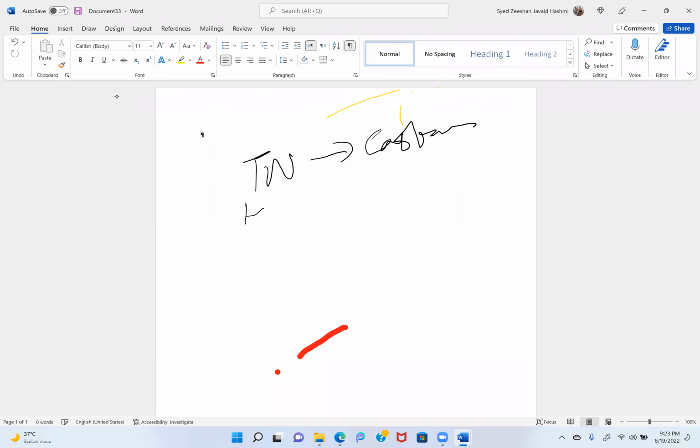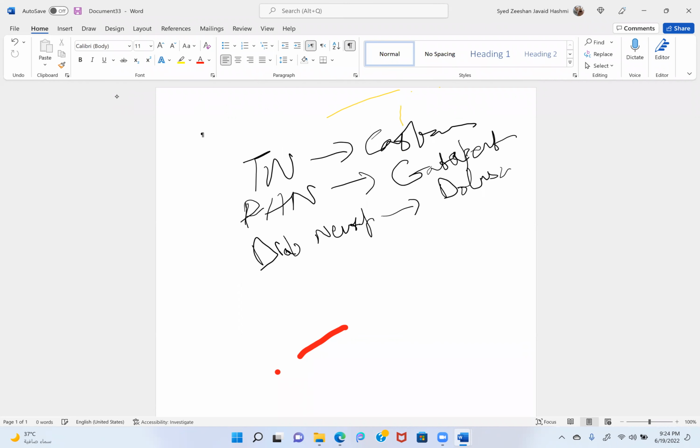In post-herpetic neuralgia, it is gabapentin. Okay. In diabetic neuropathy pain, it is duloxetine. Okay, this is SNRI. There is one as SSRI.